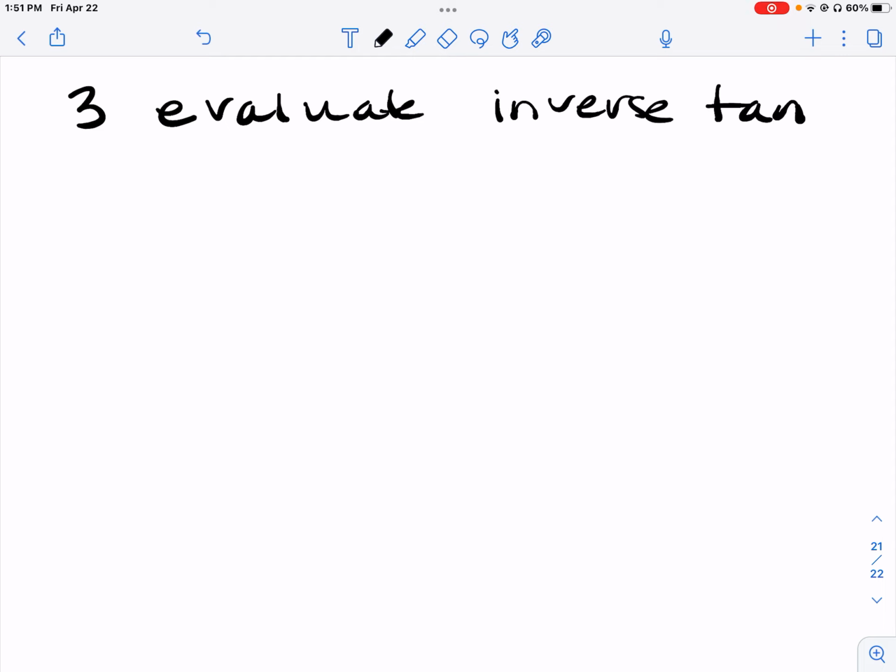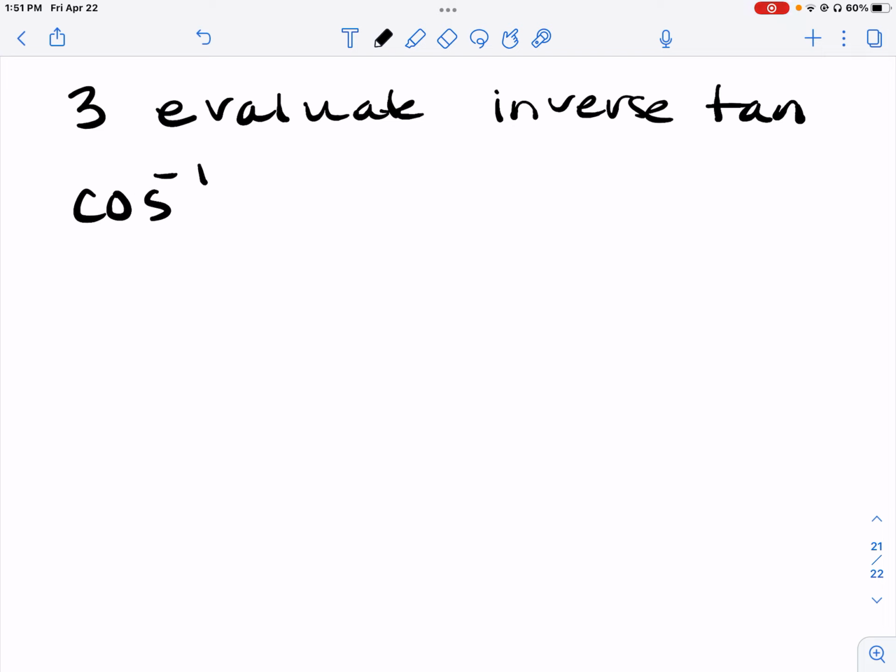Okay, another 3 problems will be to evaluate inverse trig, and knowing what the specific quadrants are. Okay, cosine is the easiest.